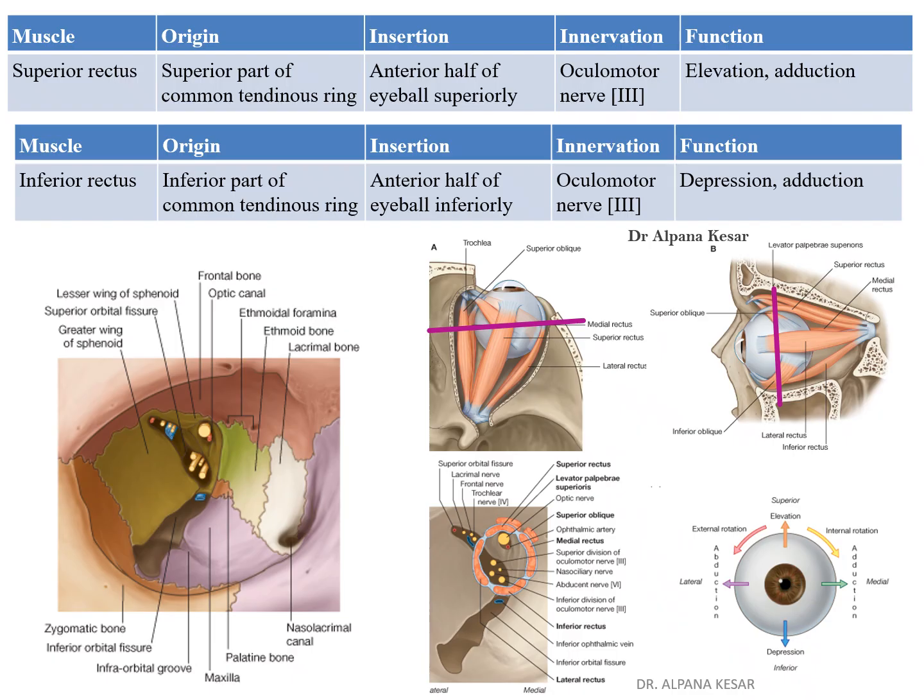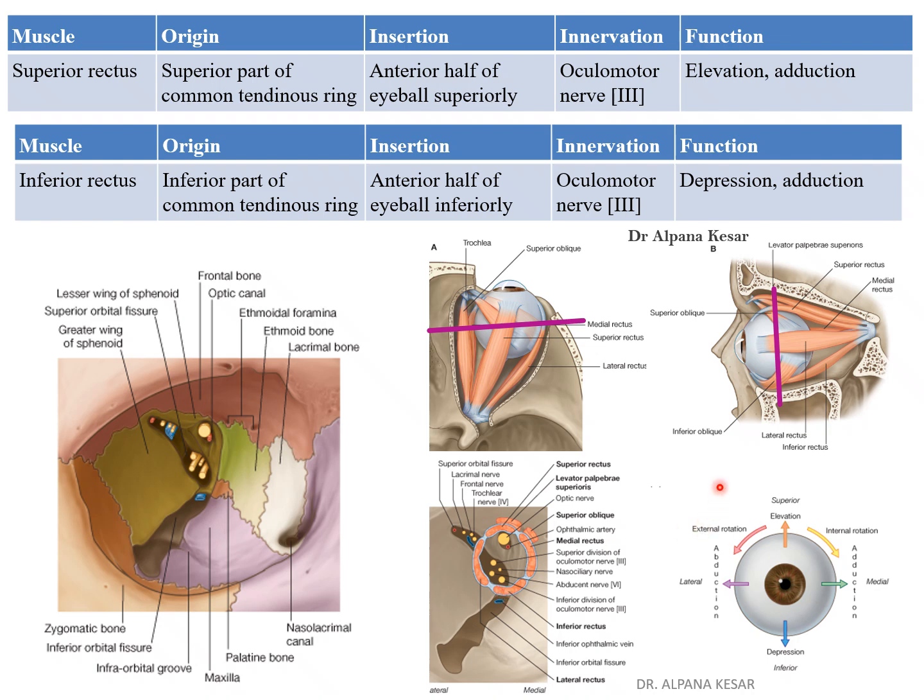Superior rectus and inferior rectus muscle. Both superior rectus and inferior rectus take origin from the common tendinous ring. The superior rectus takes origin from the upper part of the common tendinous ring while the inferior rectus takes origin from the lower part of the common tendinous ring.